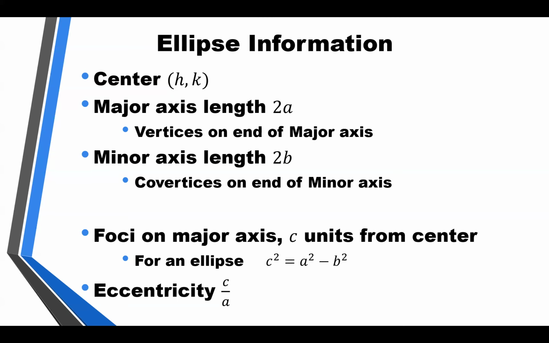And then there's this thing called eccentricity. That eccentricity is a rough value of how much your ellipse is stretched out. The closer it is to 1, the more stretched out it is. The closer it is to 0, the more circular it looks. So the eccentricity is just the ratio of c to a. So it's c divided by a as a number.